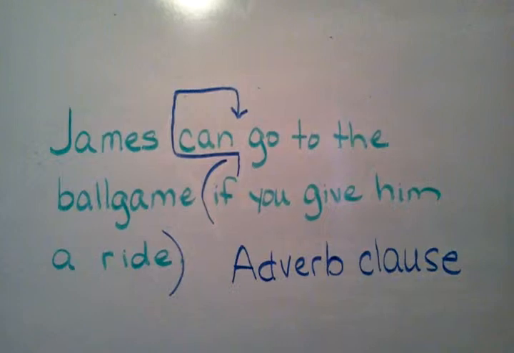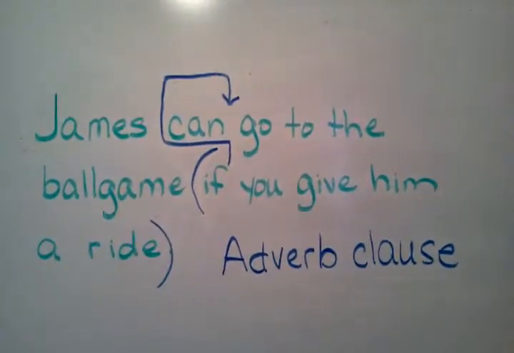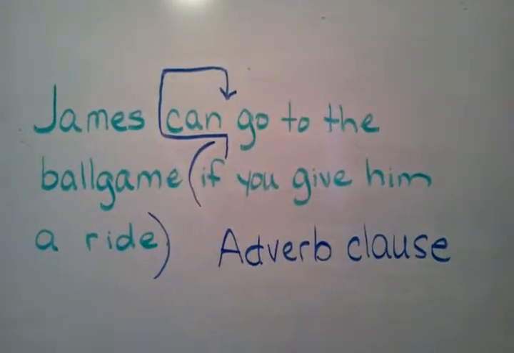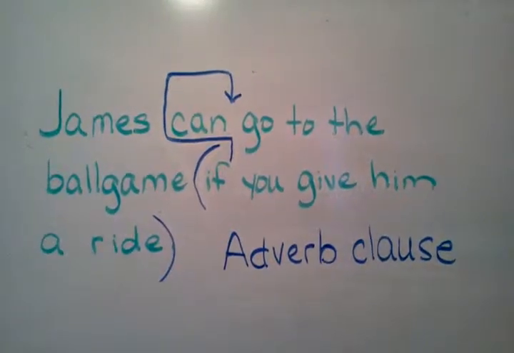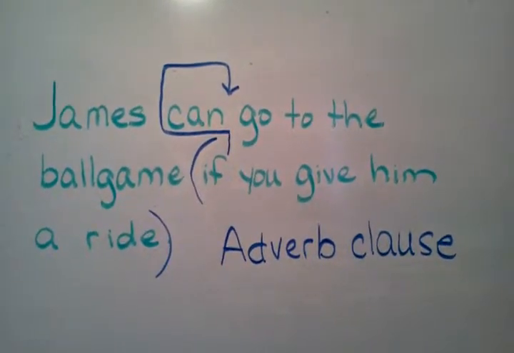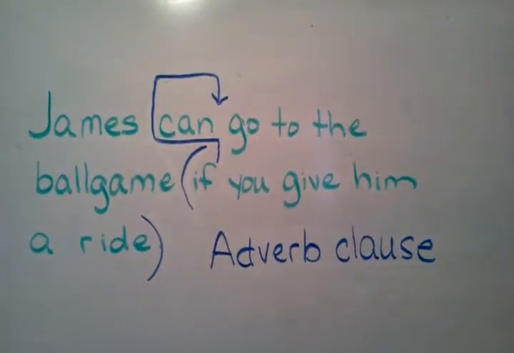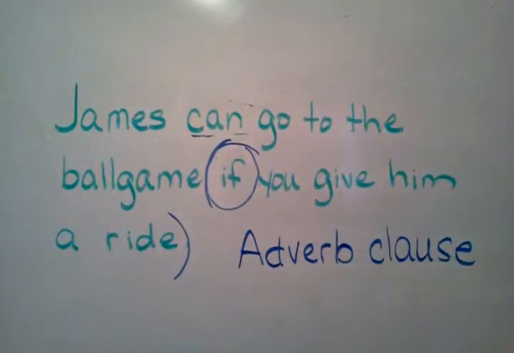And to be an adverb clause, it has to modify or answer a question about a verb, an adjective, or an adverb. It's answering a question about the verb phrase can go. So if it's modifying a word adverbs modify, and it's answering a question adverbs answer, then the whole clause is an adverb clause.